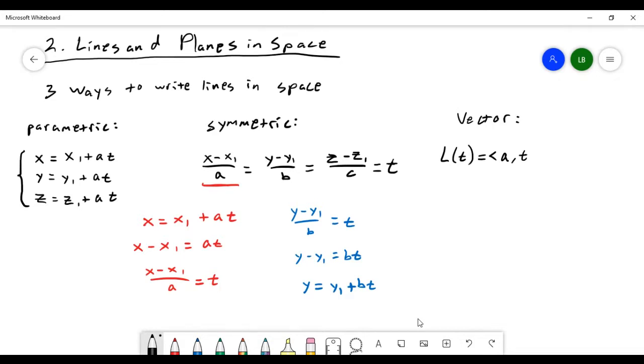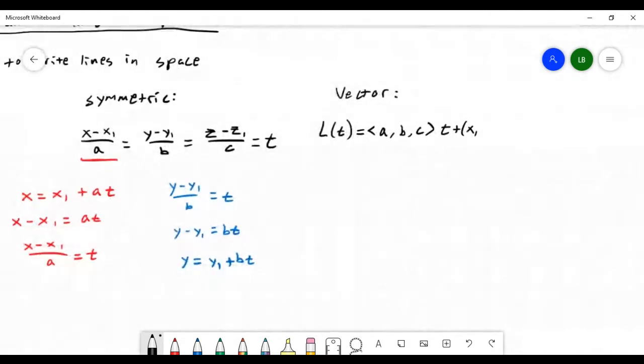Sorry, that shouldn't be a t. That should also be a vector. Okay, it's a bit messy, but hopefully you get the idea.